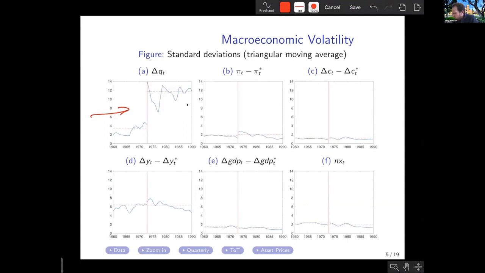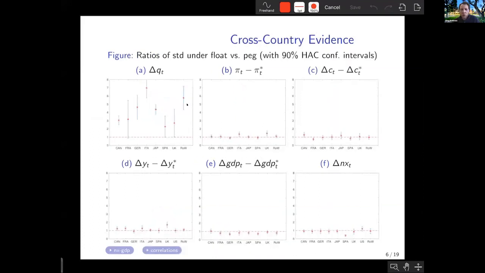But if you look at any other variables, first of all, they're as stable as the real exchange rate is during the peg, but they also hardly change their statistical properties across the peg. For example, inflation doesn't really change its properties. Consumption doesn't really change its properties. GDP doesn't really change its statistical properties, right? And you can do this test more formally.